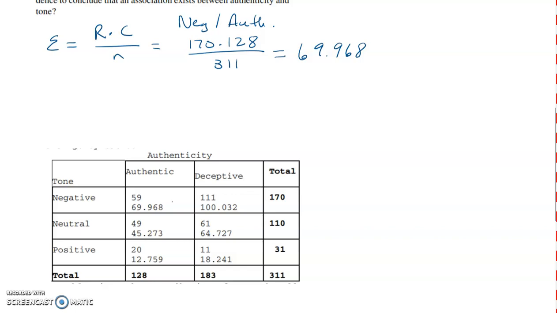Now, we have 6 expected values and 6 observed values, so our summation is going to have 6 subtotals.